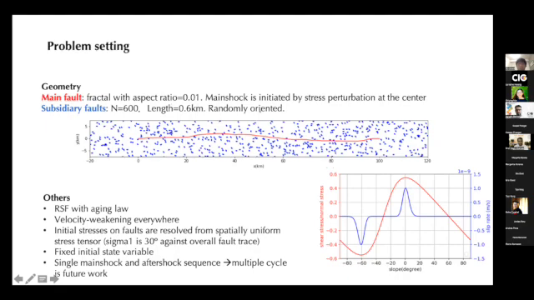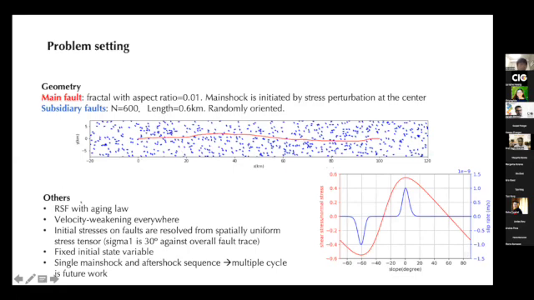And the Mainshock rupture is artificially initiated by putting a stress perturbation at the center. This main fault is surrounded by 600 subsidiary faults. They are 0.6 kilometers in length, and their orientation is completely random.